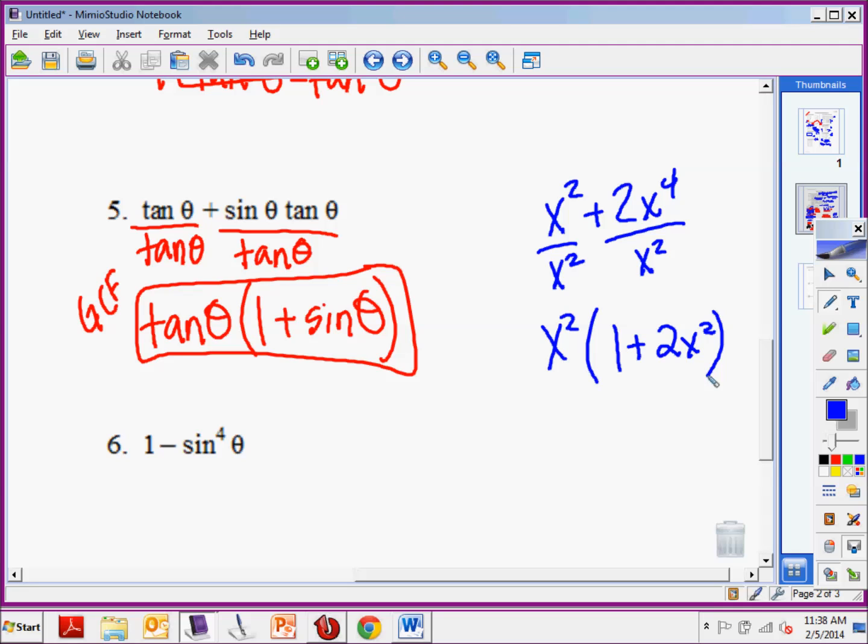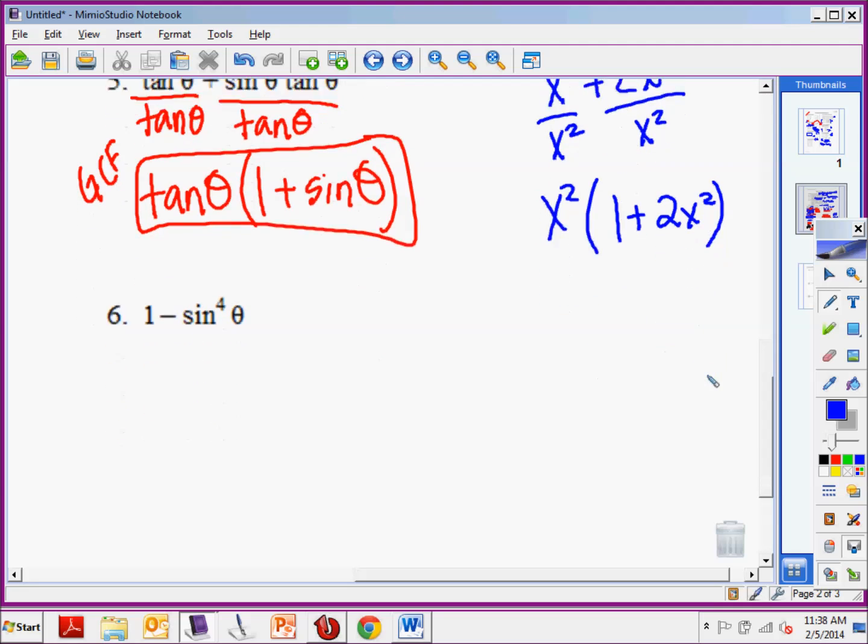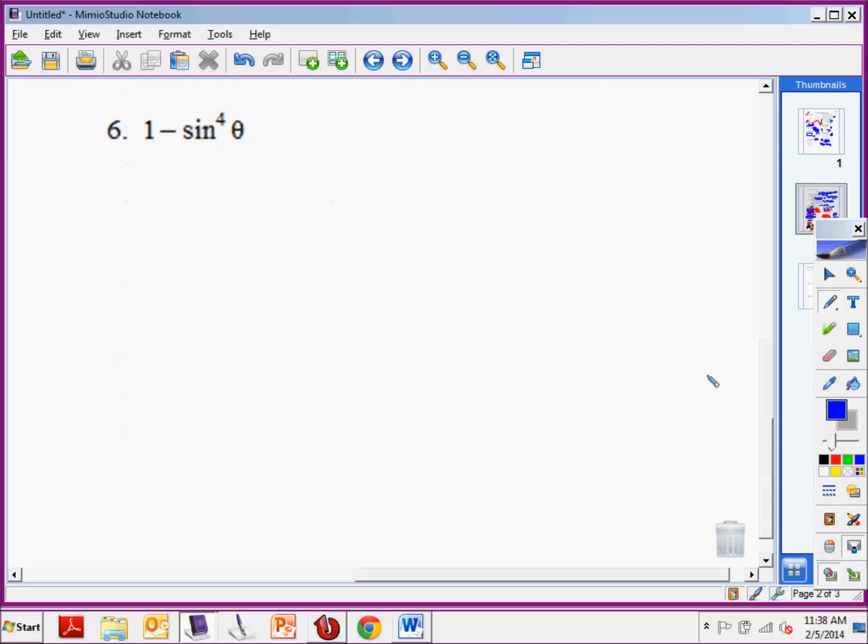Okay? Alright, number 6. We're factoring. How will we factor this? 1 minus sine squared theta, parentheses squared. Would you break down the sine into like the two squares? Kind of.